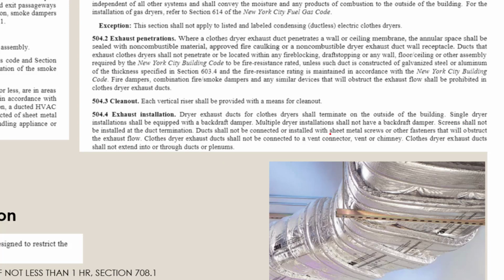Also, you cannot have any sheet metal screws or other fasteners that will obstruct the exhaust flow. Closed dryer exhaust ducts shall not be connected to a vent connector, vent, or chimney. Closed dryer exhaust ducts shall not extend into or through ducts or plenums.